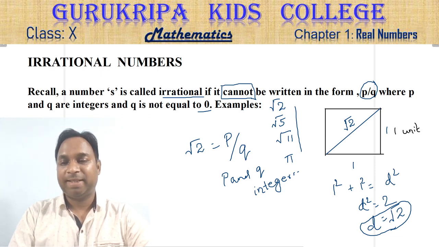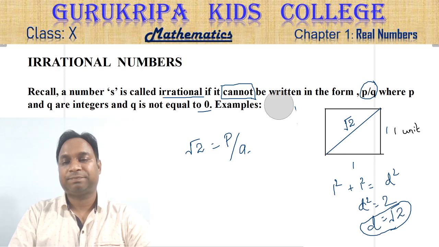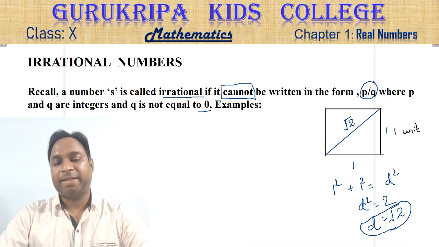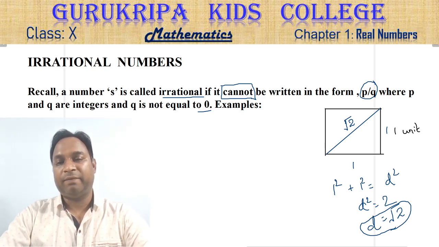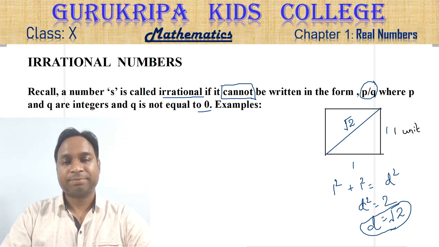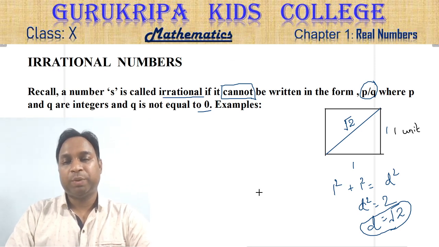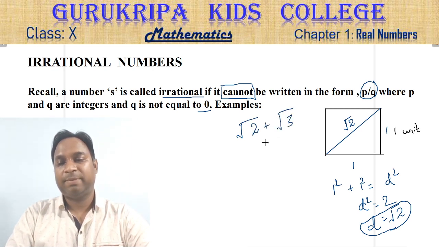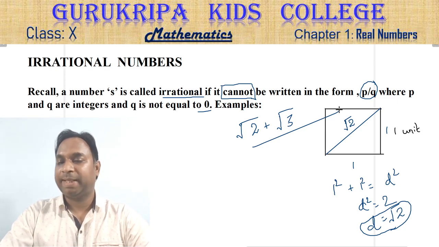Can you think of any other irrational number? Square root 2, square root 5 and so on. Other than that? Let me make some place over here. Any other irrational number other than what I have written on the screen. If you add any two irrational numbers, square root 2 plus square root 3, will it be rational? No, it will not be rational.